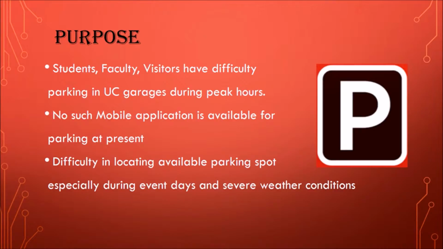During the peak work hours, the garage may not be filled to the maximum capacity, as there is no way to know whether any spot is available other than circling the whole area. This results in wastage of time and fuel for the motorists. It also leads to congestion in the garage, as there will be many motor vehicles trying to find a spot when no spots are actually open at a specified time.